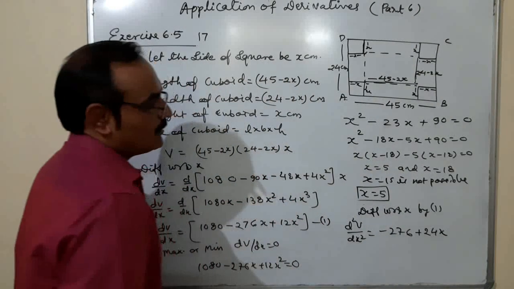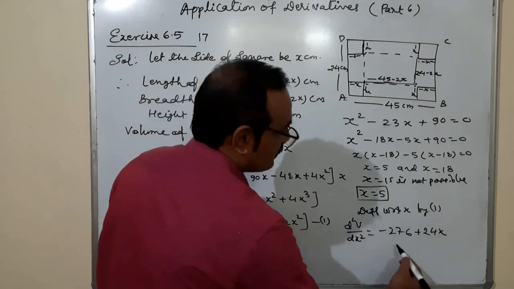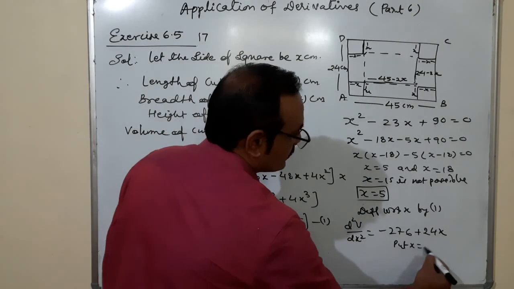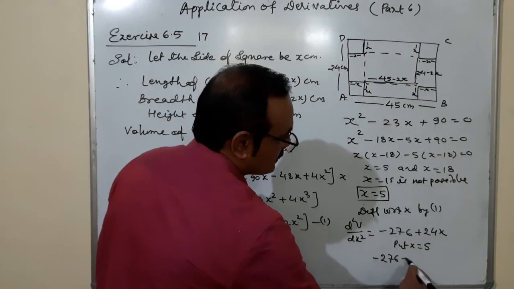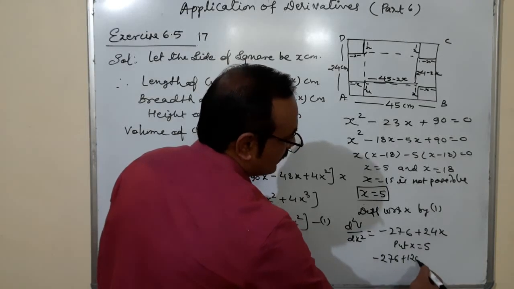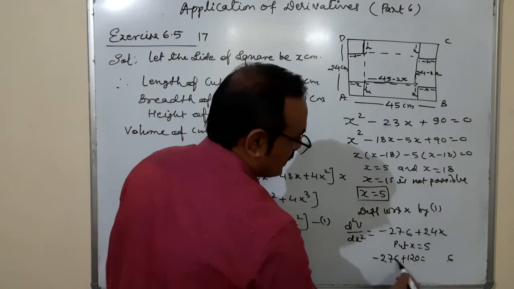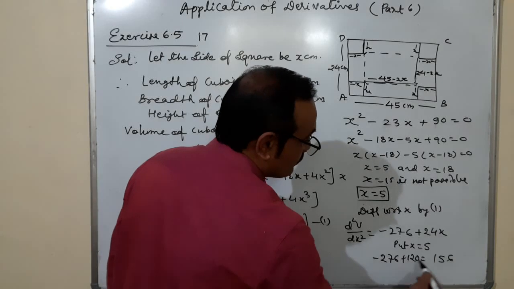In place of x, put x is equal to 5. So what is coming? Minus 276 plus 24, 5 is 120. 6, 7 minus 2, 5, and it is 1 with minus sign.